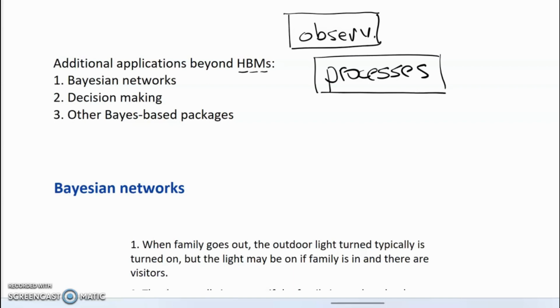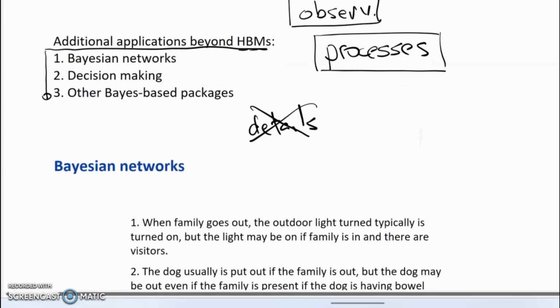The whole point of this video is to show that Bayesian thinking has additional applications that extend beyond those very useful hierarchical Bayesian models. I'm going to go over 3 examples. As I do that, don't worry about the details, just focus on the power and flexibility of Bayesian methods.